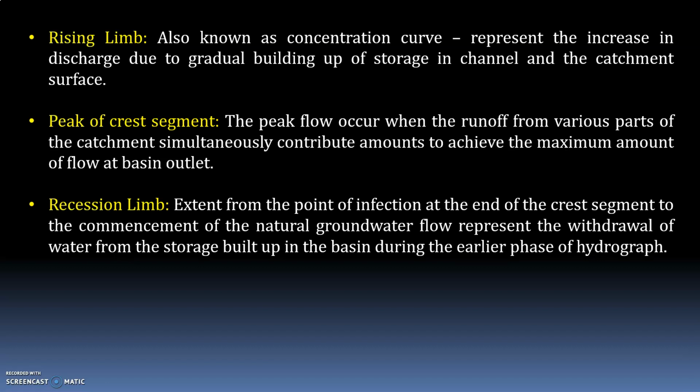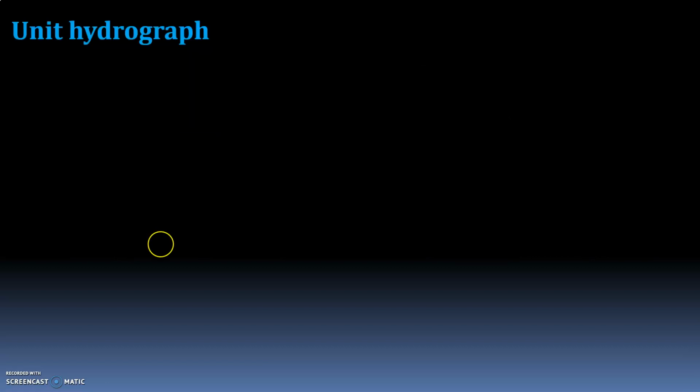The shape of the recession curve depends only on the basin characteristics and is independent of rainstorm characteristics. The recession curve can be considered as a rate of discharge resulting from the draining off process.